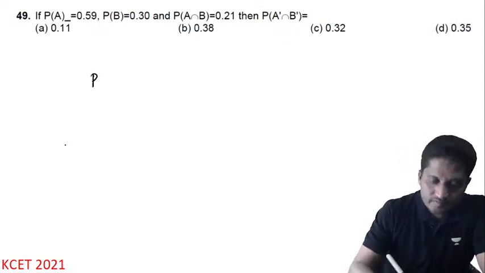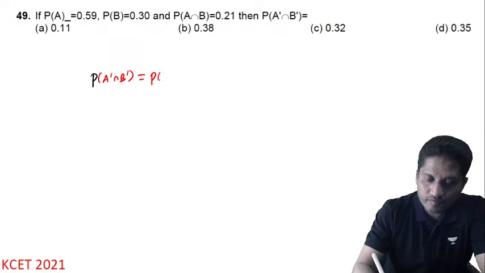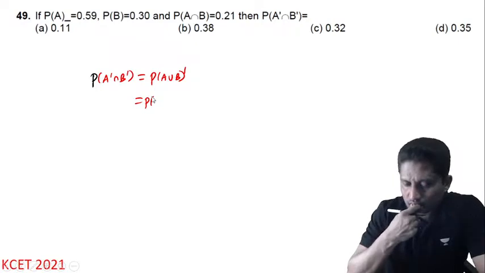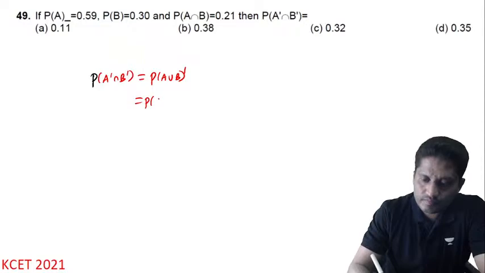P of A dash intersection B dash is the same as P of (A union B) whole dash.